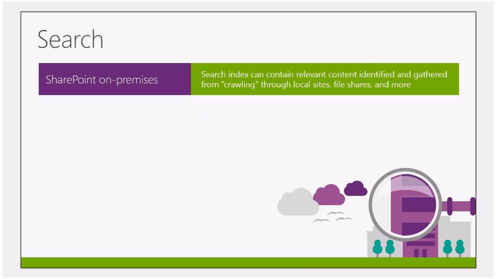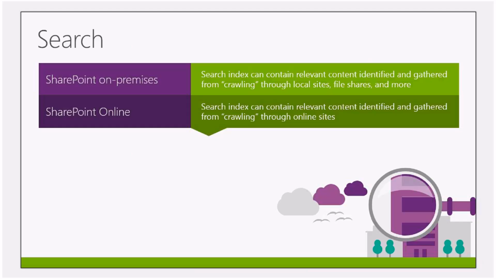So to think about where we're at with search today. Today you have search on-premises, and that's comprised of content that's gathered through crawling local sites, file shares, perhaps third-party platforms, or even open web-based platforms through the Open Search Protocol. So there's a number of ways to extrapolate a result set from a search perspective, leveraging the on-premises search experience.